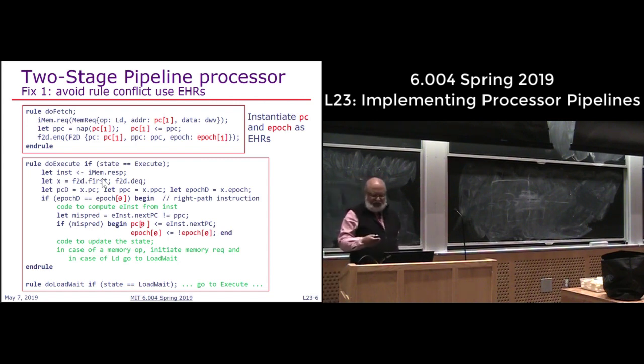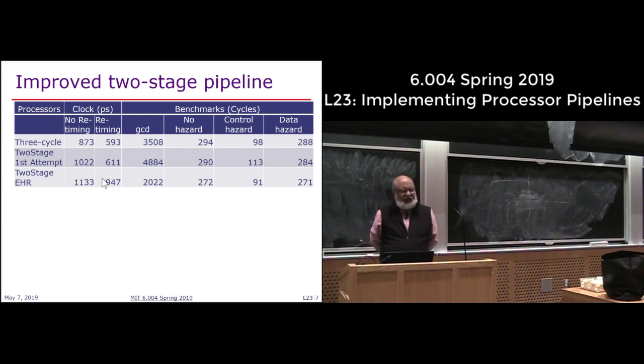And when you do that, indeed, the results improve. What do you see now in the two-stage with EHRs? Timing went up from 611 to 947. Why did the clock get worse?